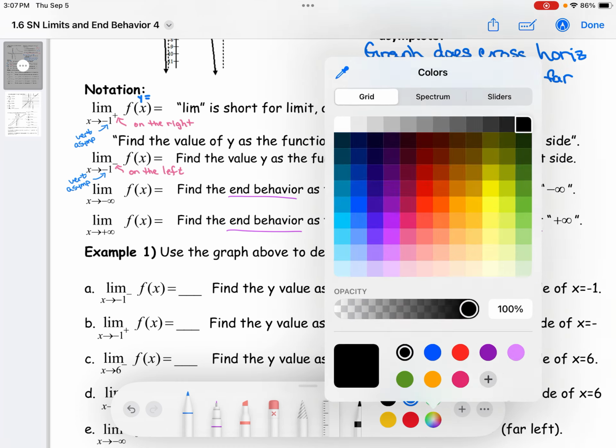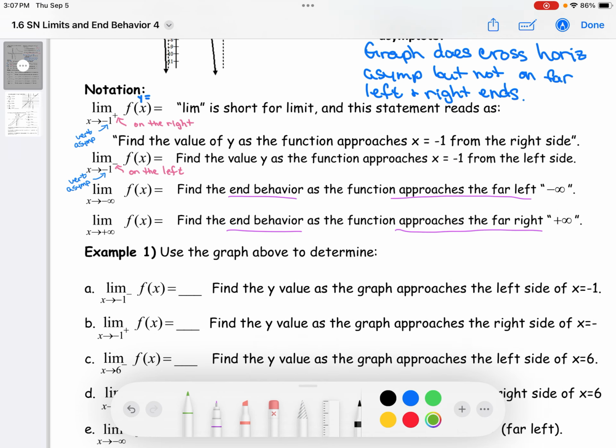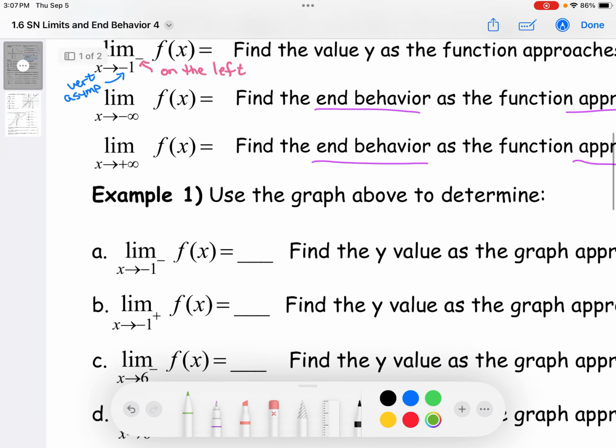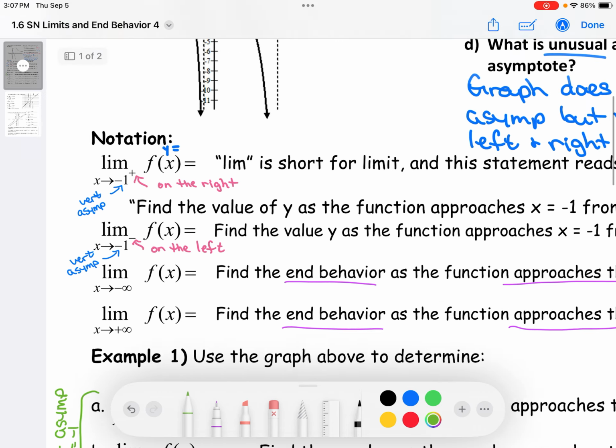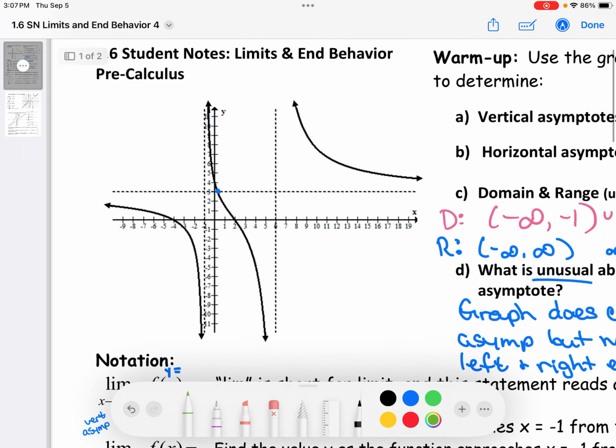On the graph given, these first two limits, A and B, are asking about that vertical asymptote at x equals -1. So look at the graph as x is approaching -1.